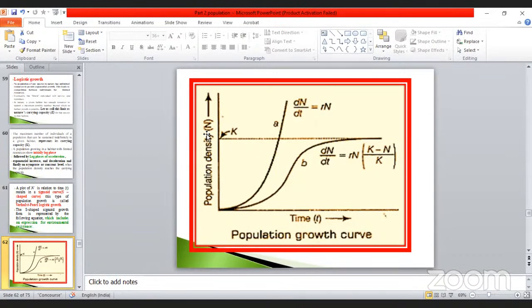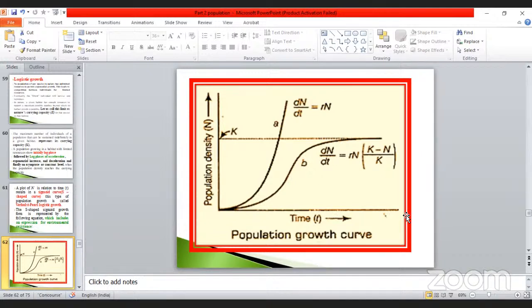Don't forget, my dear. There is a scale on this side, whether it may be 1,000 or 20,000 to 40,000 like that, or lakhs. Time may be 1 year, 5 years, 10 years, like that.